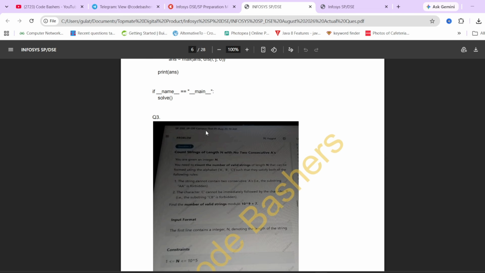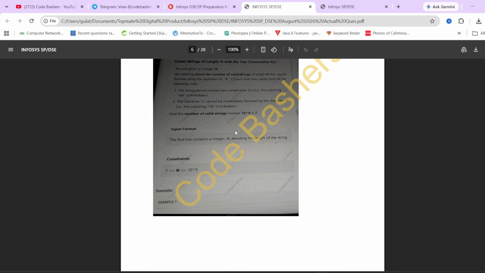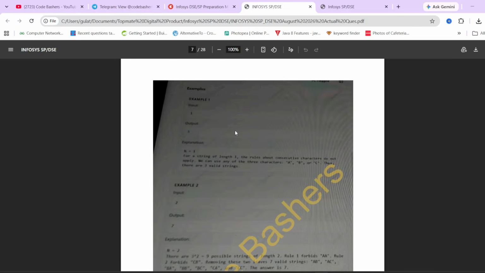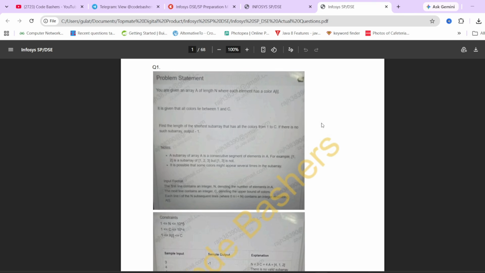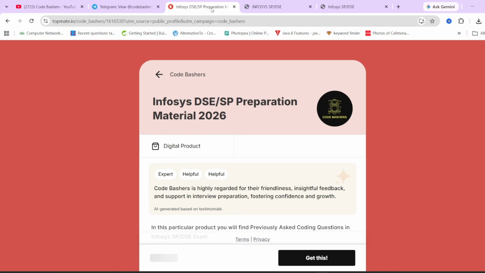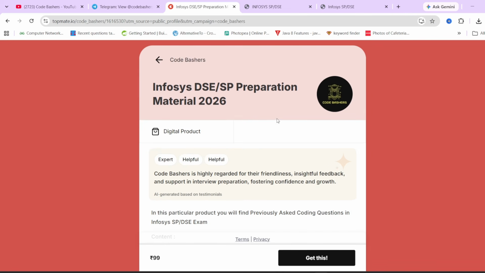You can see Infosys SP DSE off campus 1st August 2026. Proper questions, screenshots, valid test cases, and the optimized running code are there. Previously asked questions also are there, so in this material you can easily find 50 to 60 actual questions which you can practice before your actual exam. This material will be very beneficial for you.